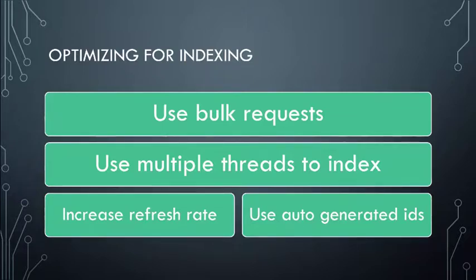This makes it so that Elasticsearch's resources are used to their fullest extent, and speeds up the time taken for indexing many documents because you will index them in parallel.